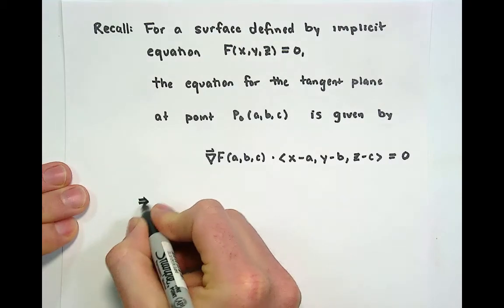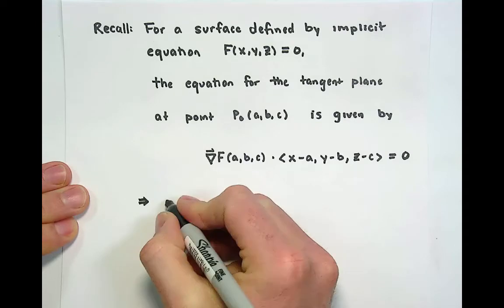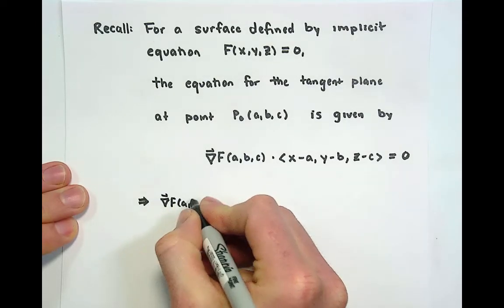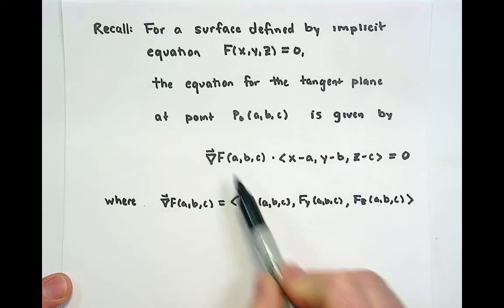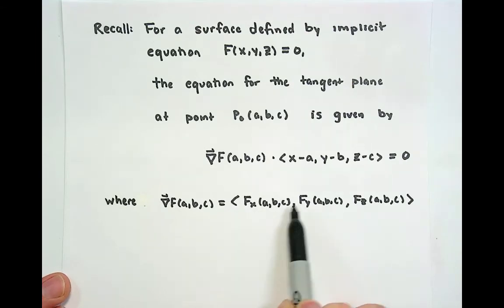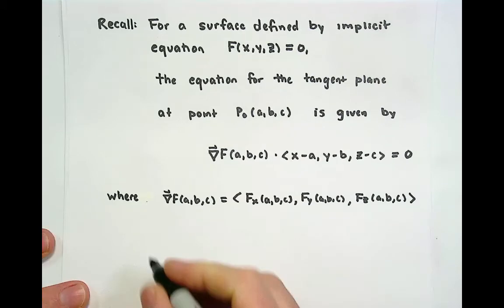And what this means is that we would take the partial derivative with respect to x, where the gradient of this vector is given by the partial derivatives in the x, y, and z components.